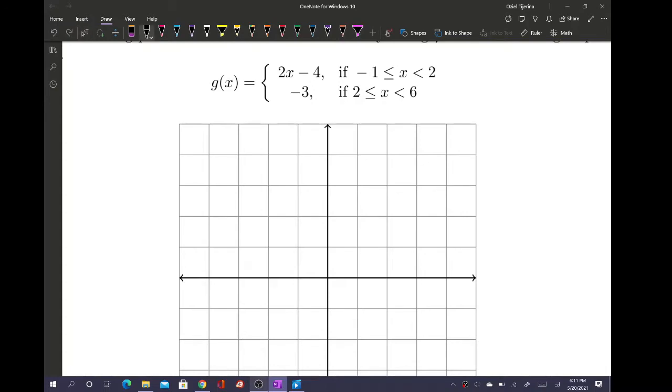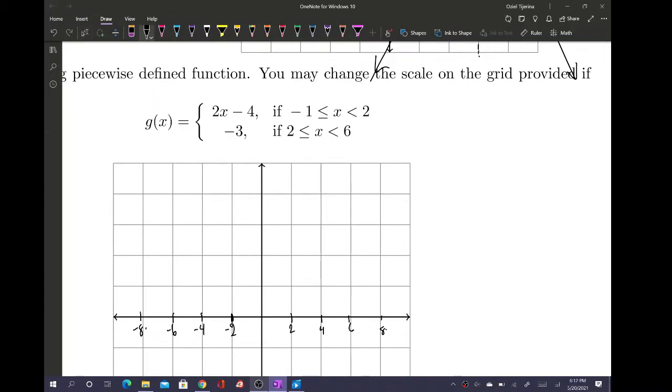Basically we have from -1 to 6, but since I don't have 6 points here on my x-axis, I can do -2, -4, -6, -8, and then 2, 4, 6, 8.